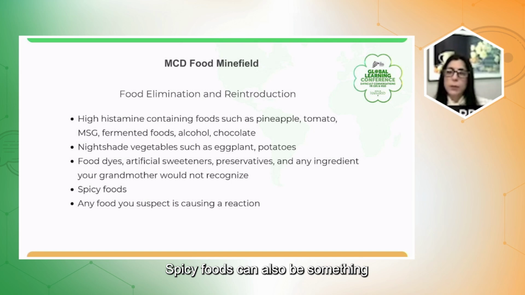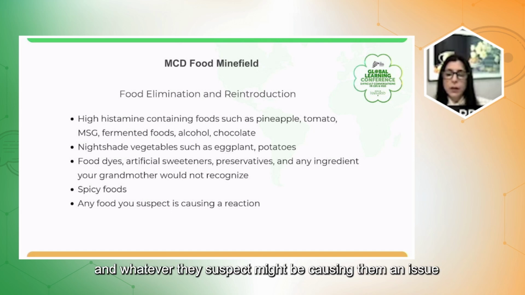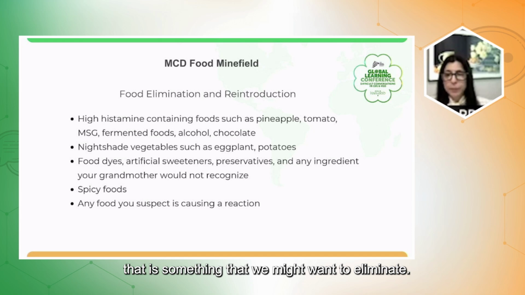Spicy foods can also be something that people commonly will eliminate. And just any food at all that you think is causing you a reaction. It's very important for us to listen to our patients and, whatever they suspect might be causing them an issue, that is something that we might want to eliminate.